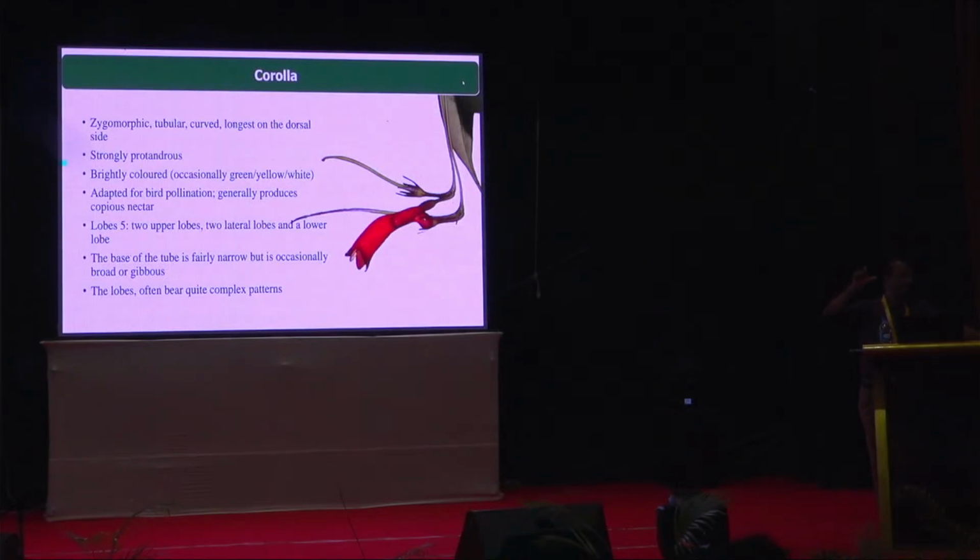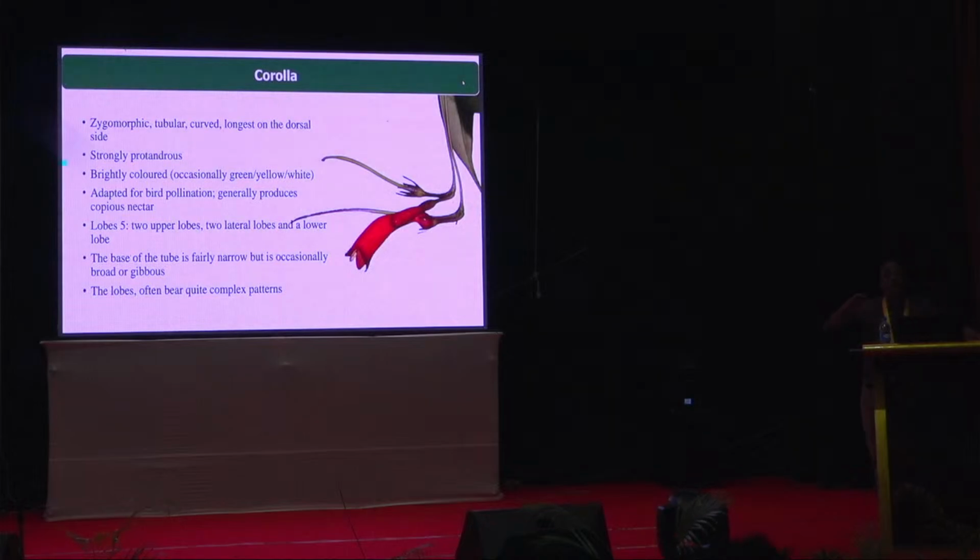It is adapted for being strongly zygomorphic and protandrous, and greatly adapted for bird pollination. They are also for attracting the pollinators. A lot of nectar is produced at the base of the corolla. The top region is divided into five lobes: two upper lobes, two lateral lobes, and a lower lobe.